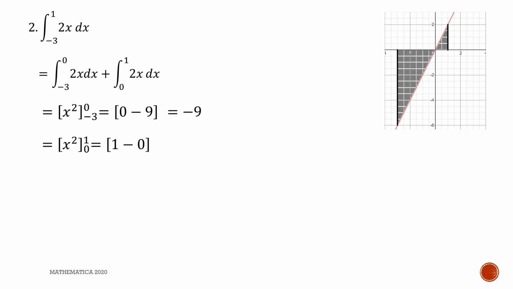Therefore, I get 1 minus 0, which is simply 1. And now in this case, I add those two values. So -9 plus 1 is -8. So the value of this definite integral is -8. It is not the area underneath the curve. It's just simply the value of this definite integral evaluated from -3 to 1.